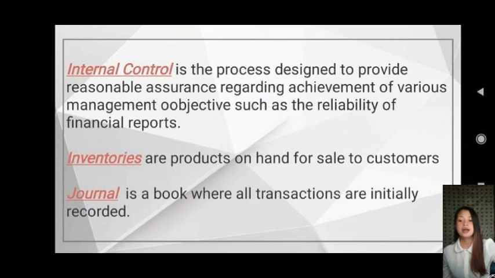Journal is a book where all transactions are initially recorded. It is also named the book of original entry, from when transactions were written in a journal prior to manually posting them to the accounts in the general ledger or subsidiary ledger.